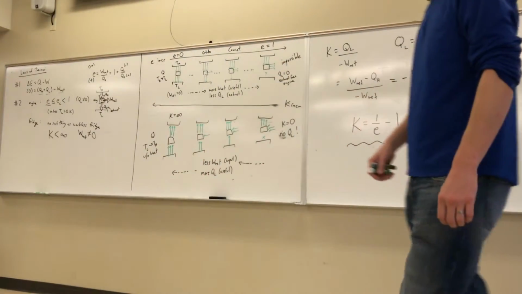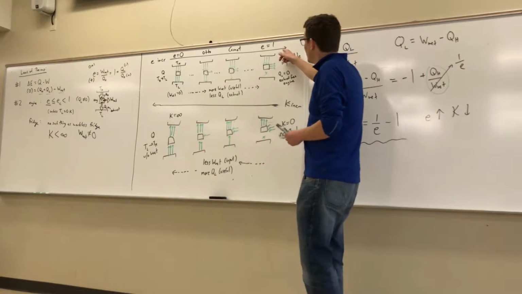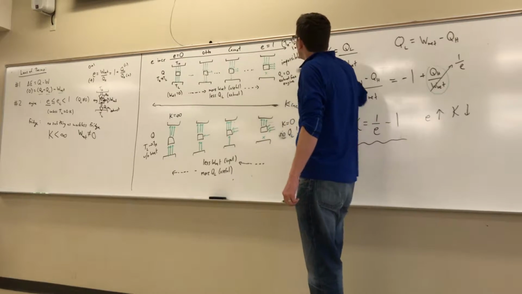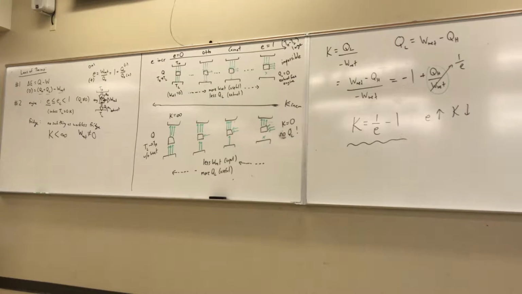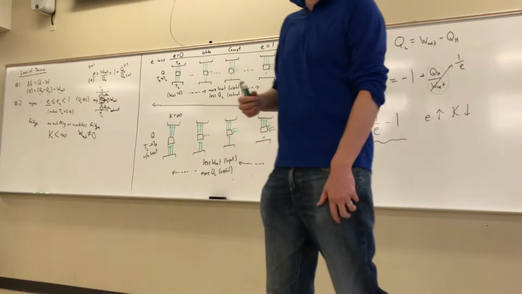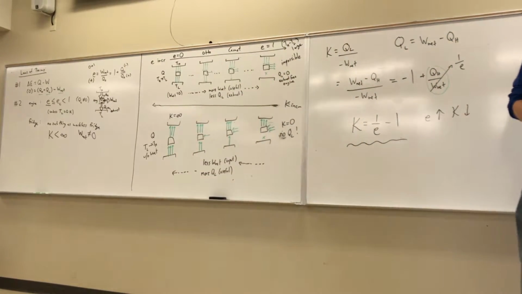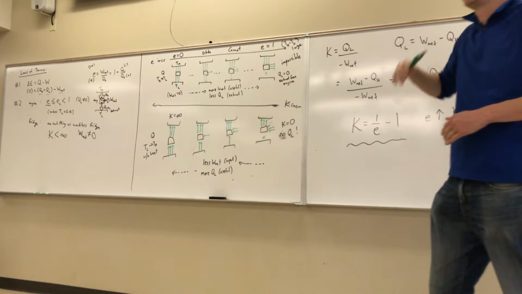One of the things we learned is that to increase the efficiency, we want the difference between the high and low temperatures to be large. We found that that improved the efficiency. I showed you that with the Carnot equation, and I said it was true for all engines. You want them to have a higher temperature difference.